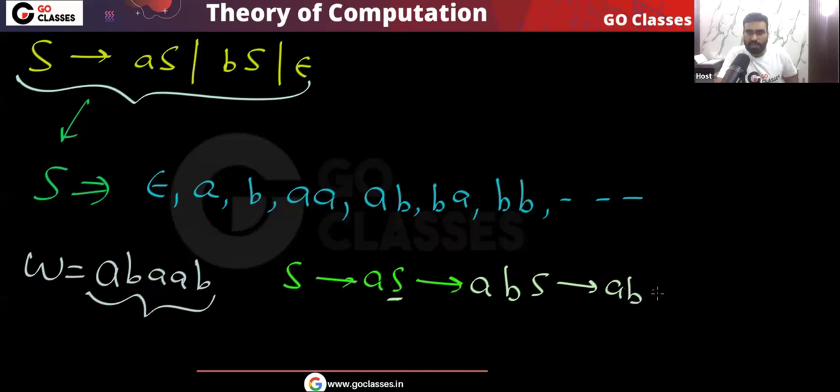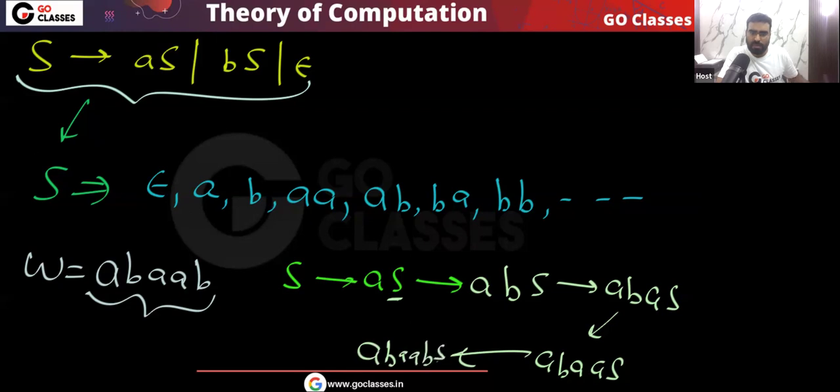Then the next symbol must be a, so this S I can replace with aS. And the last symbol I want b, so this S I can replace with bS. And finally, this is the string I want, so this S I can replace with epsilon. So finally what I will get is abaab.